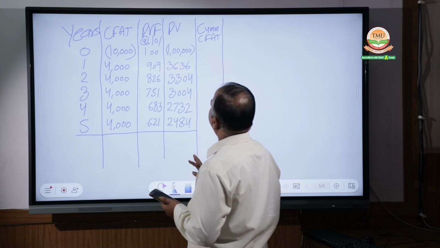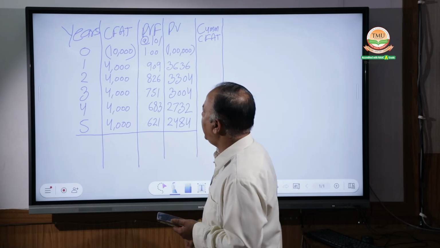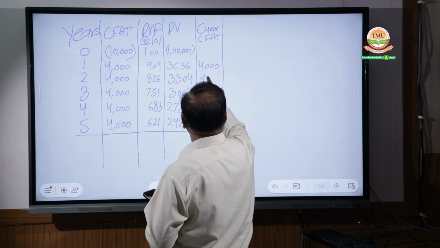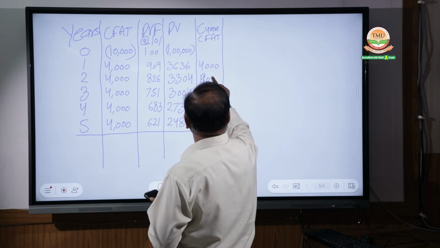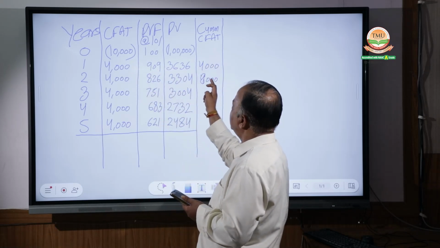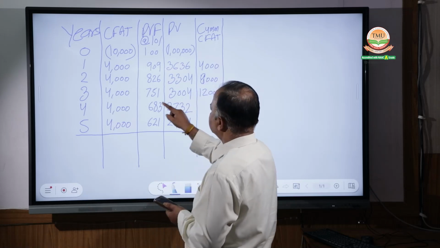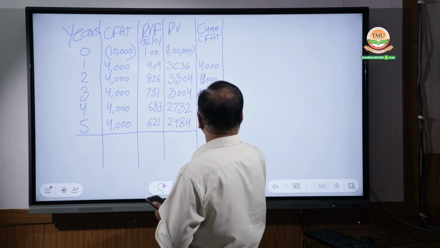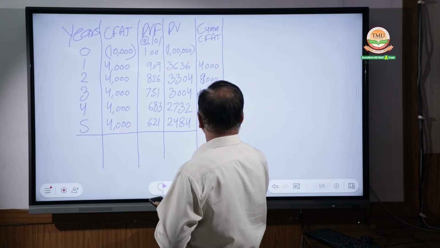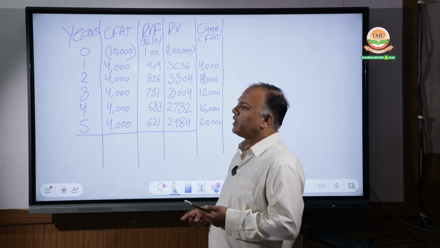These are the CFAT, so simply you have to add it. 4000, 4000 plus 4000 is equal to 8000 plus 4000 is equal to 12,000 plus 4000 is equal to 16,000 plus 4000 is equal to 20,000.